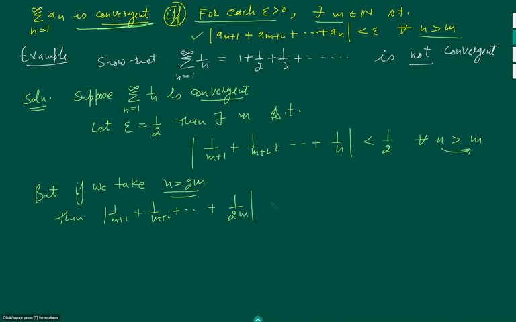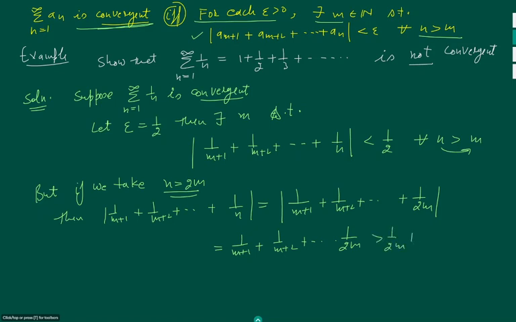This would be equal to 1 over m plus 1 plus 1 over m plus 2 plus up to 1 over 2m, and this is greater than 1 over 2m plus 1 over 2m plus up to 1 over 2m.